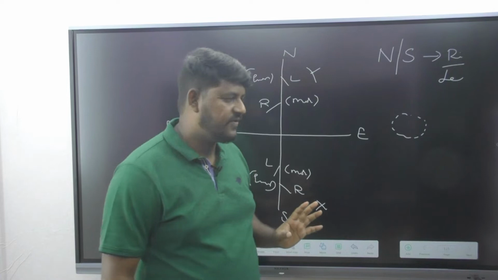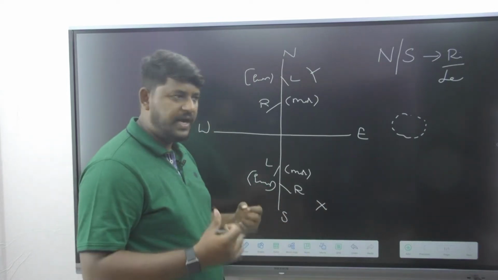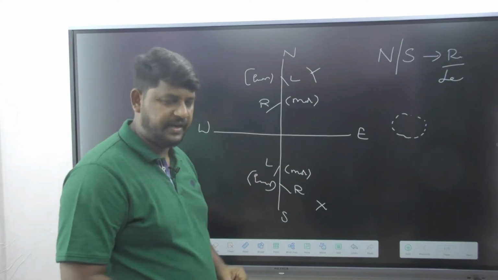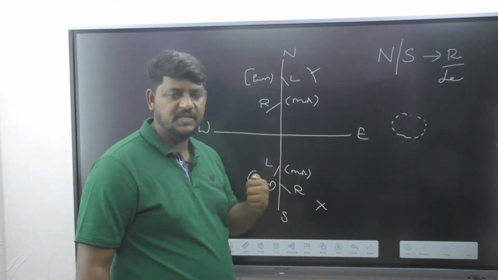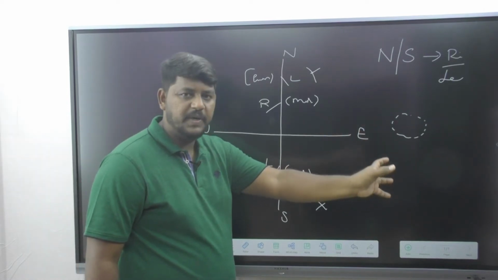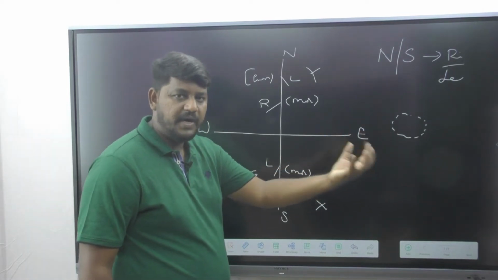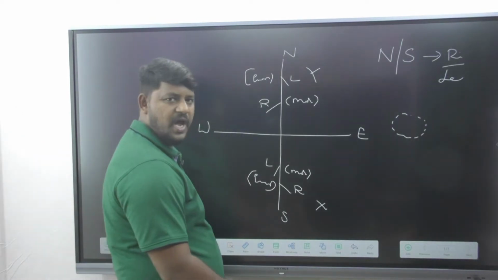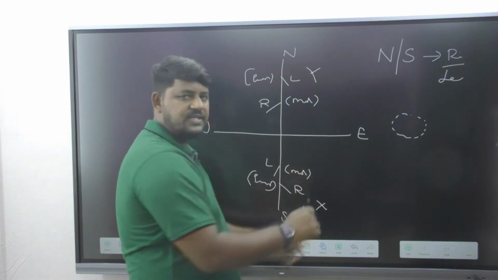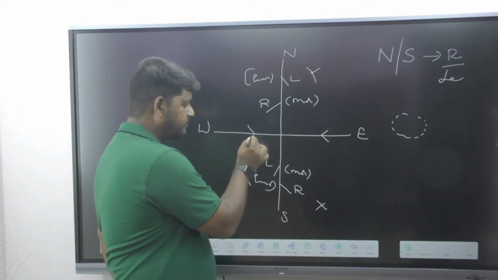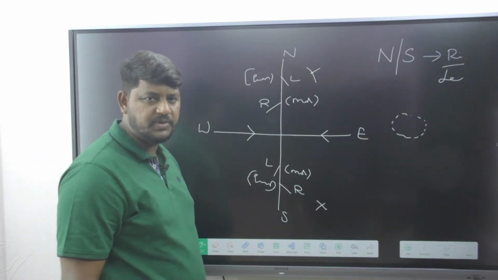Now for an example, observe here, now I am standing at west facing towards east direction. Imagine one more person is standing opposite to me, we are facing each other. Now tell me, that person is standing at east but facing towards what direction? West direction. Now please observe, in the morning when sun rays are going to hit that particular person, just imagine they are facing opposite to each other.